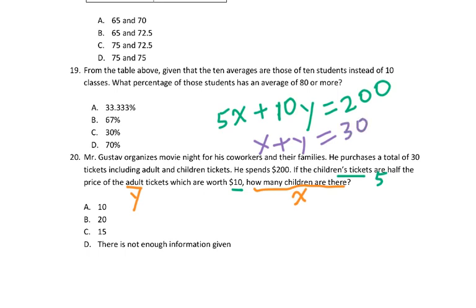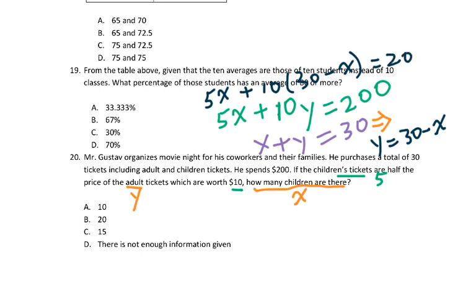Therefore, I will solve for this. I will solve for y because it's easy to solve by substitution. So I will get y equals 30 minus x. Then I plug in here. So I get 5x plus 10 times 30 minus x equals 200. Then we do the distributive property.